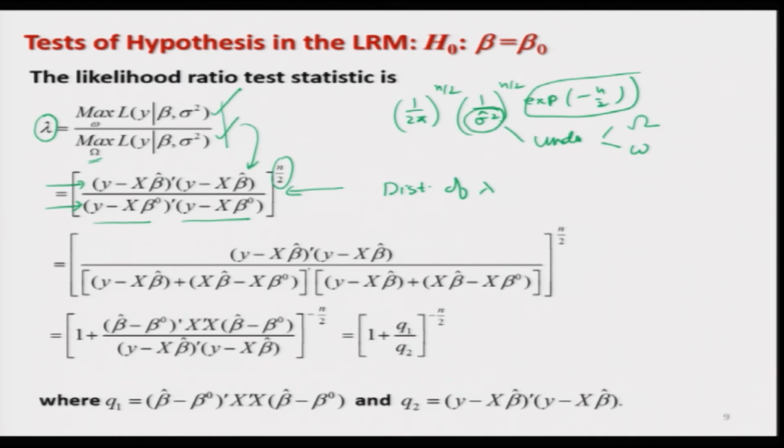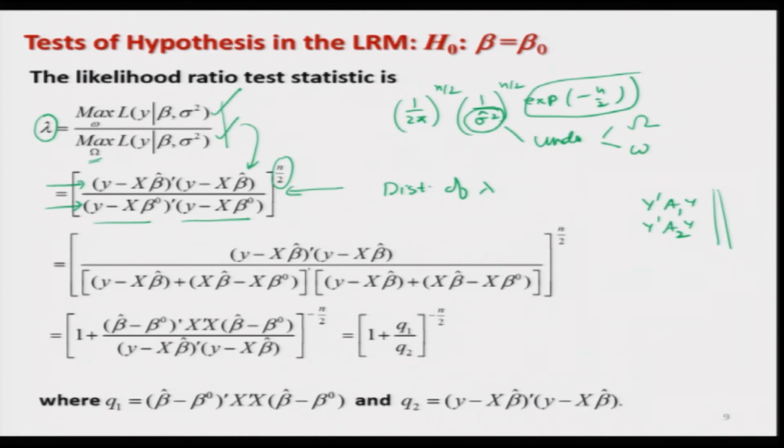And for the results that we have done related to the quadratic forms, we have considered quadratic forms like y transpose A1 y and y transpose A2 y, right. And we have obtained different types of relationships between them. So, my objective is very simple. I want to simplify the quadratic forms in the numerator and denominator in such a way that it is helpful for me in finding out the probability distribution of lambda, right.